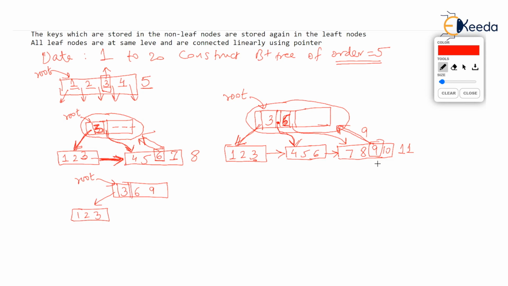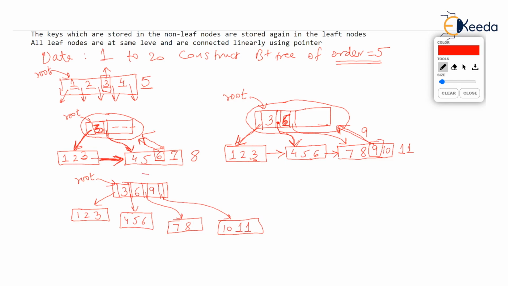Right of 3 but left of 6 will still point to 4, 5, 6. There is no change here. But right of 6 and left of 9 will now point to 7, 8. Observe, this was due to the left split. And right of 9 will now point to 10, 11.